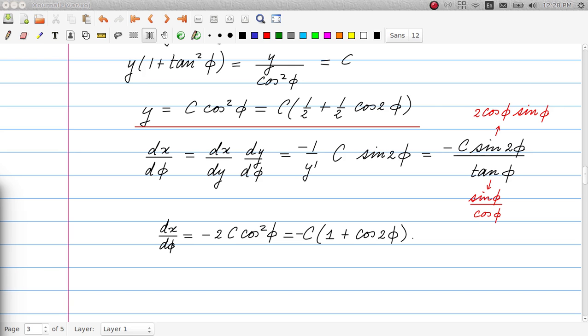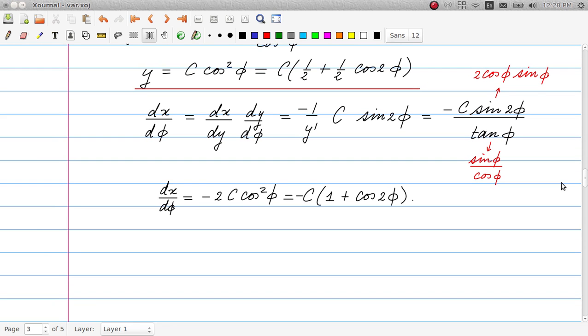So using these two goniometric formulas, we can see that dx/dphi is minus 2c cosine squared phi, and then writing cosine squared phi in the same way as we had done above gives me minus c times 1 plus cosine 2 phi.